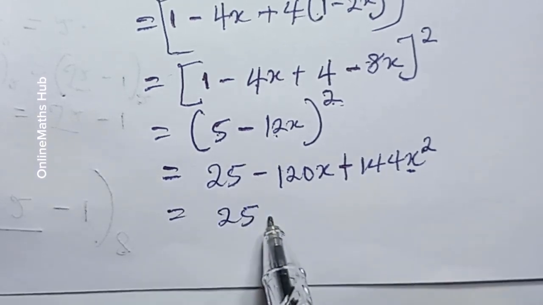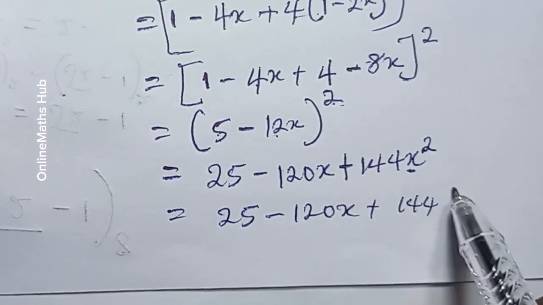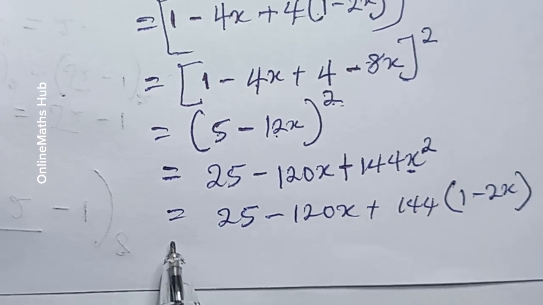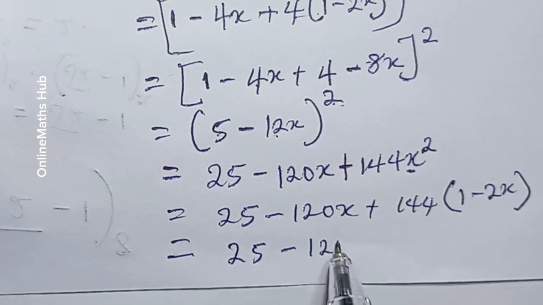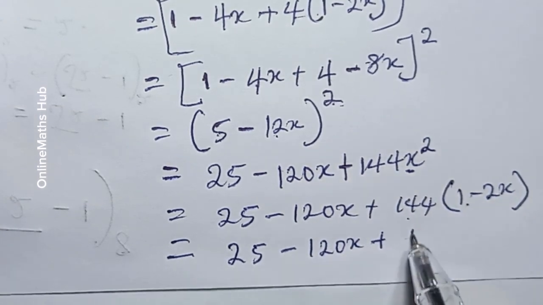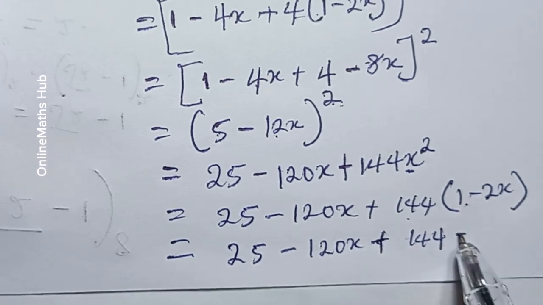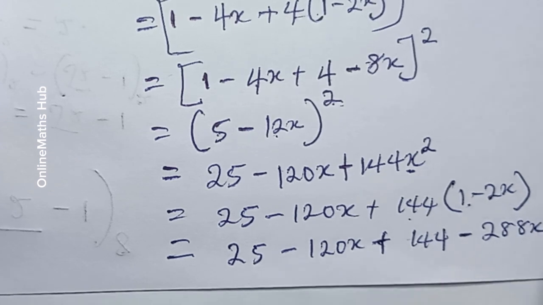So I'm going to be having 25 minus 120x plus 144 into 1 minus 2x. So that will be 25 minus 120x plus, opening this bracket, this is 144, and then minus this will give us 288x.